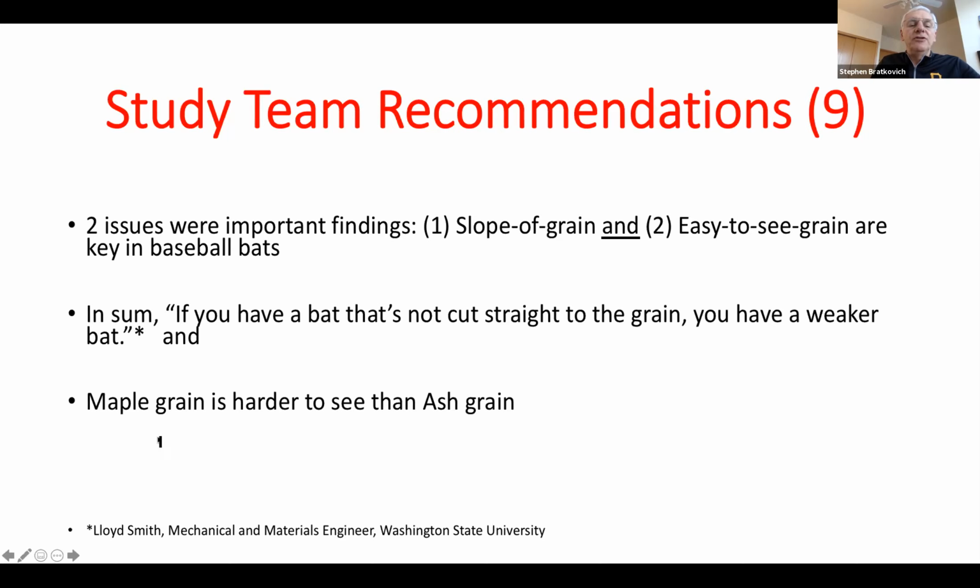And maple is hard to see the grain. So then the team said, well, how can Major League Baseball tell that the maple grain is straight?